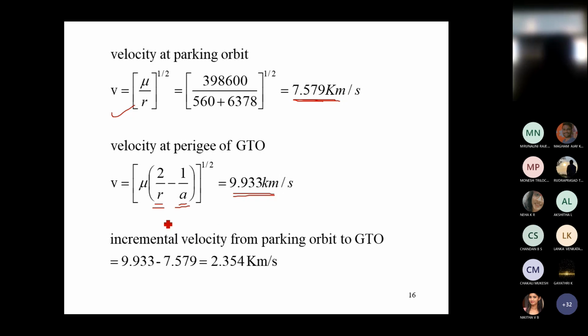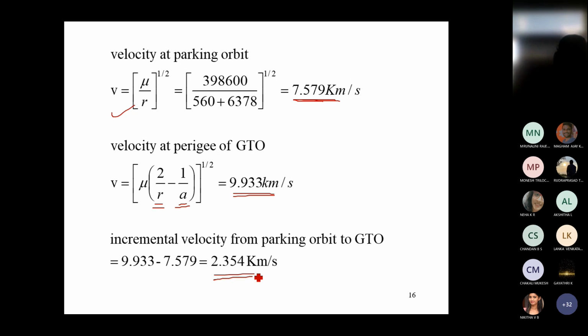When the satellite changes from parking orbit to GTO orbit, what is the incremental velocity we require? 9.933 minus 7.579, which comes to around 2.354 kilometer per second. This is the additional velocity we require for the satellite to change its orbit from the parking orbit to GTO orbit. This additional velocity can be obtained by applying additional thrust, by pushing some of the fuel from the rocket towards the backward direction.